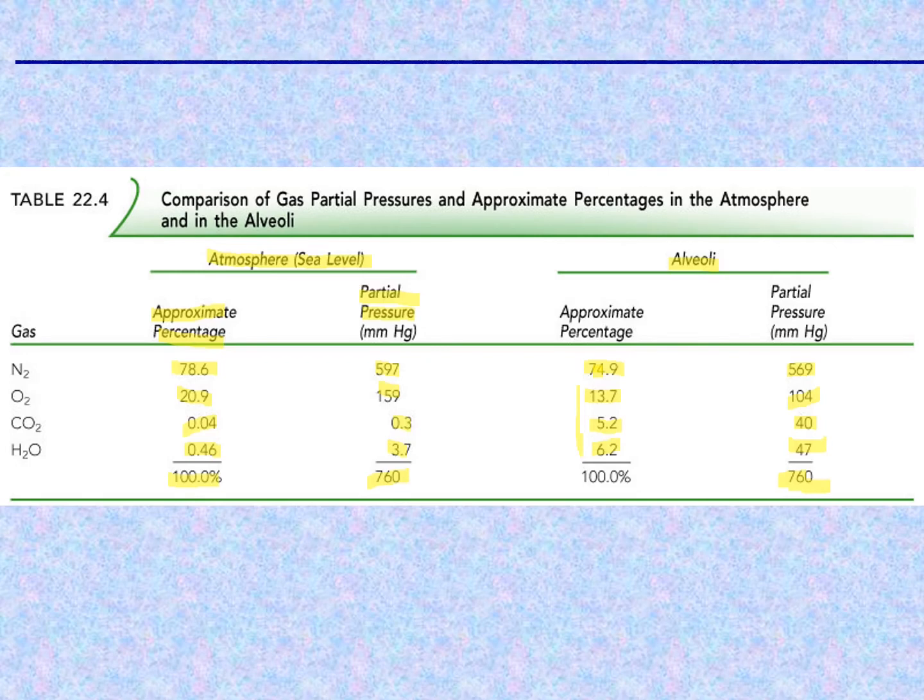The key ones in terms of the partial pressures to keep your eye on is that the partial pressure of oxygen within the alveolar space within the lungs is 104, and the partial pressure of carbon dioxide within the space of the lungs is 40.